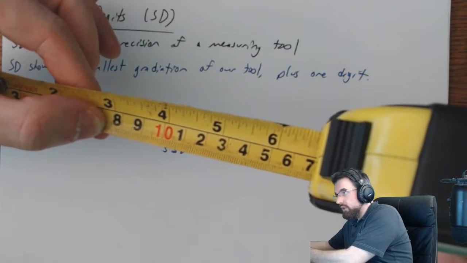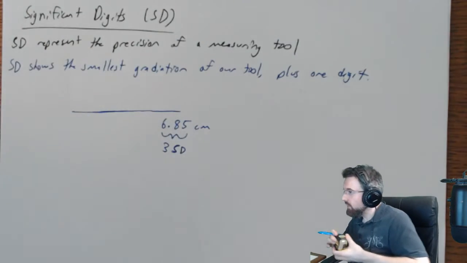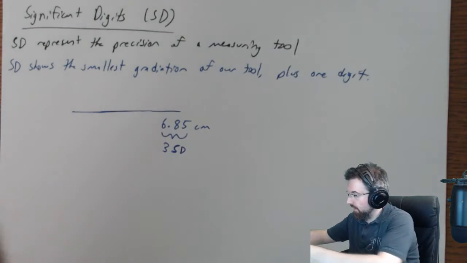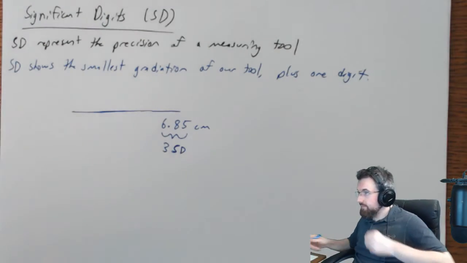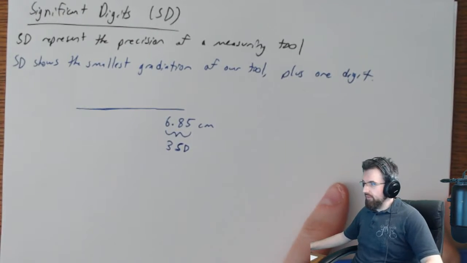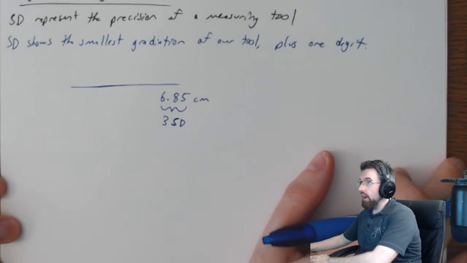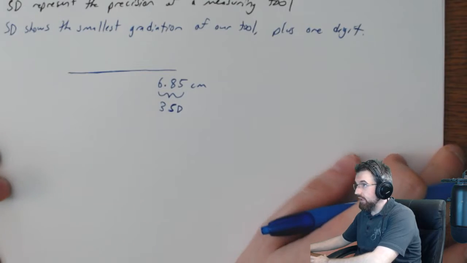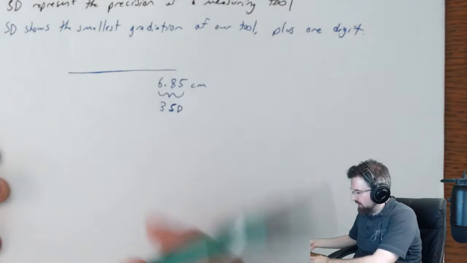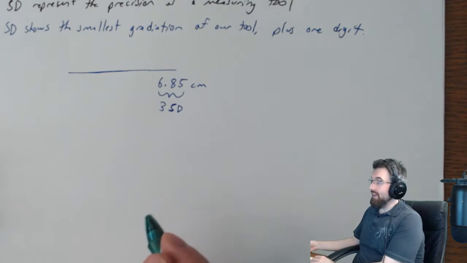So we can show into millimeters, we can estimate the next one, but then past that, we've got to stop. That's sort of a beginning for why we use significant digits: to show the accuracy of our measurements. But now, what digits are significant and what digits aren't?